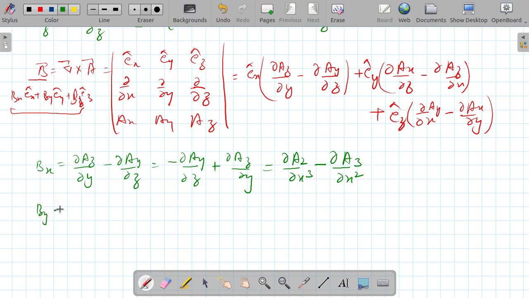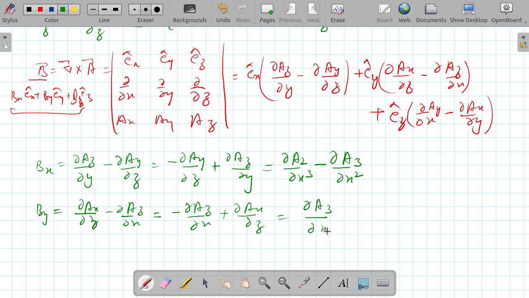Similarly, By can be written as ∂Ax/∂z minus ∂Az/∂x, or minus ∂Az/∂x plus ∂Ax/∂z, and this is ∂A3/∂x1 minus ∂A1/∂x3.